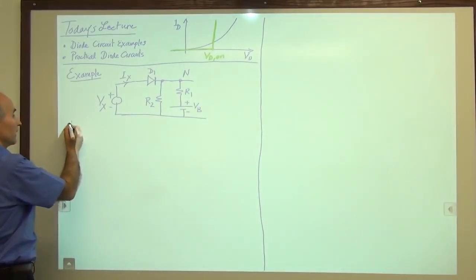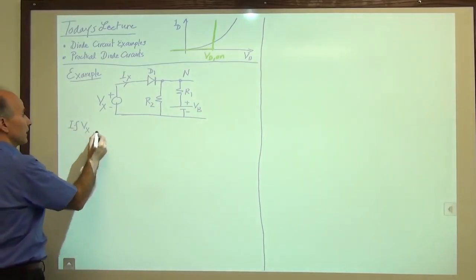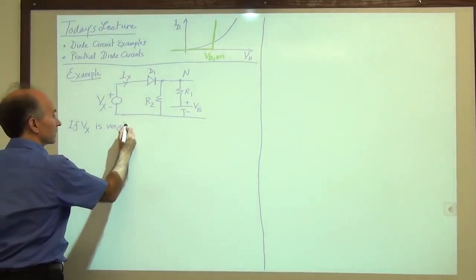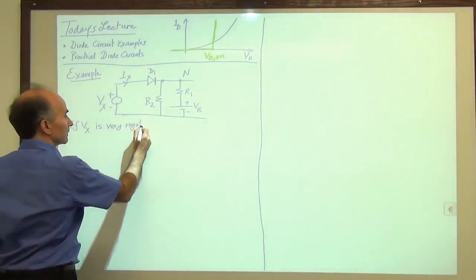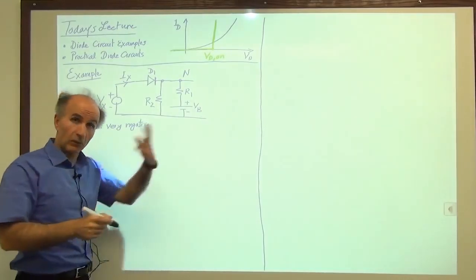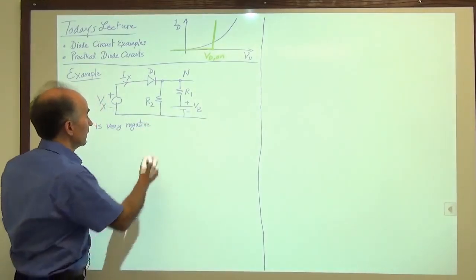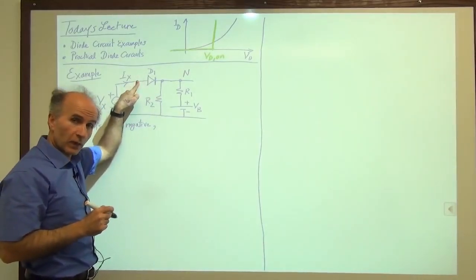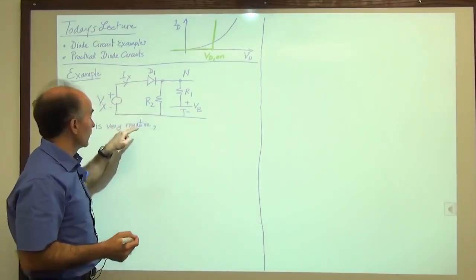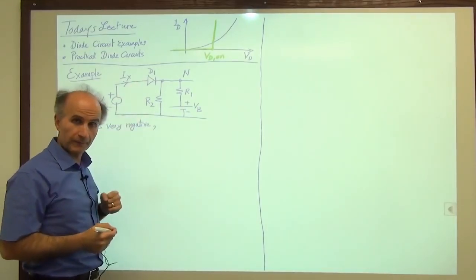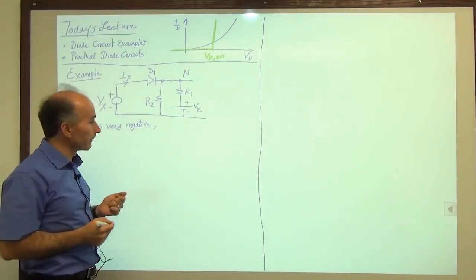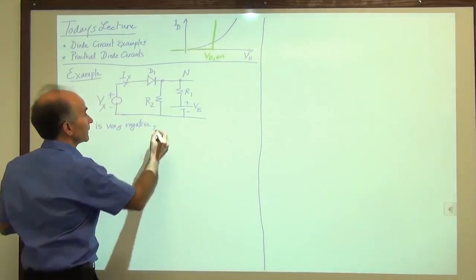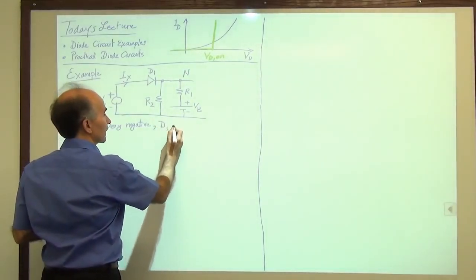So if Vx is very negative, that means close to minus infinity, then what we expect is that D1 is off, because this voltage is, let's say, minus 5 volts with respect to this voltage, or minus 10 volts, or minus 100 volts. Okay, so we expect, although we are not 100% sure, that D1 is off.